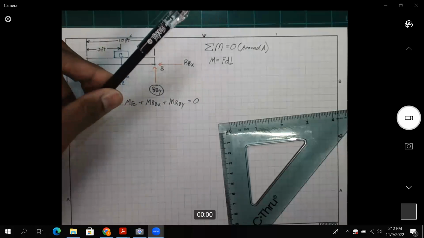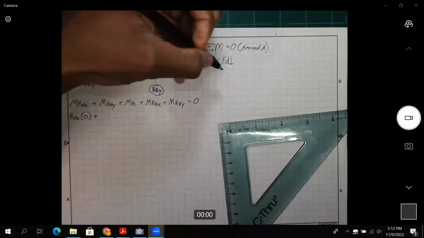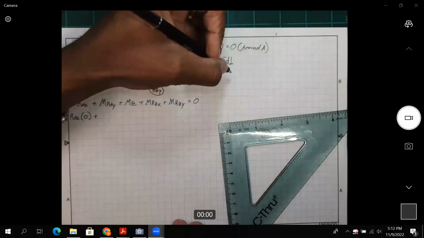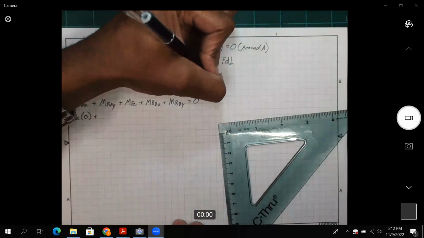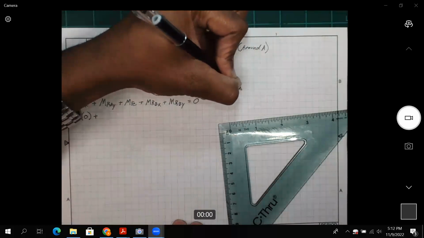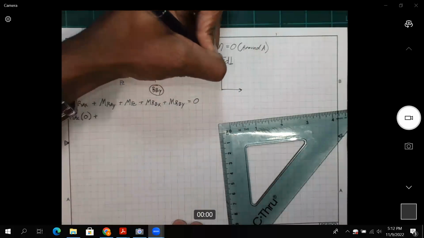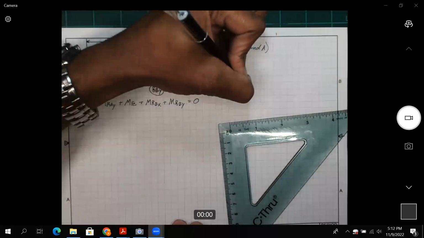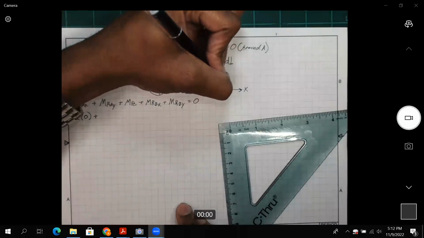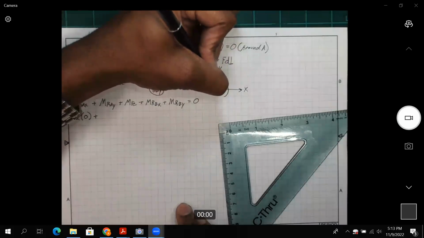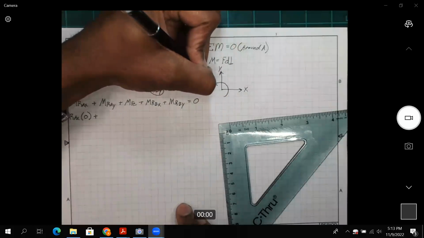So let me just draw my coordinate system. All right, we have our Y, we have our X. Okay, so this is our Y, this is our X, and we know a positive moment is going counterclockwise.